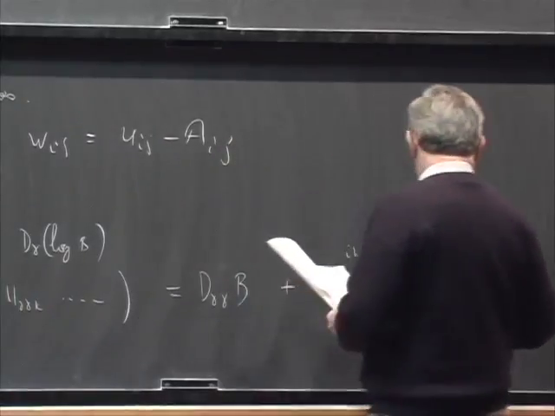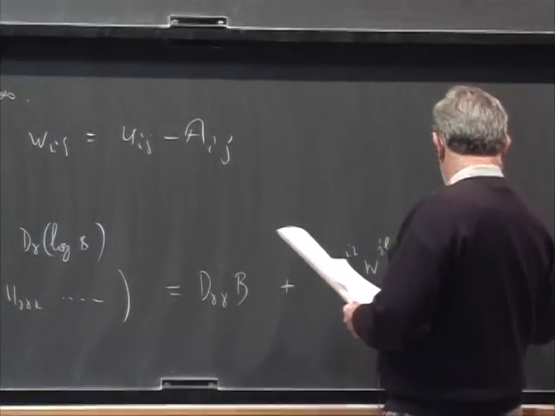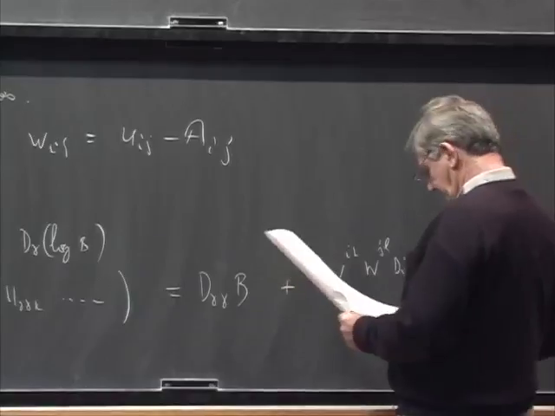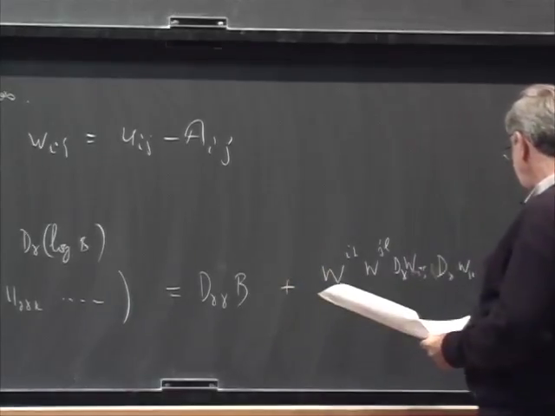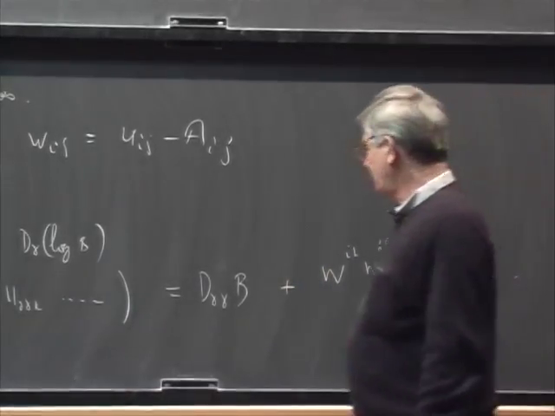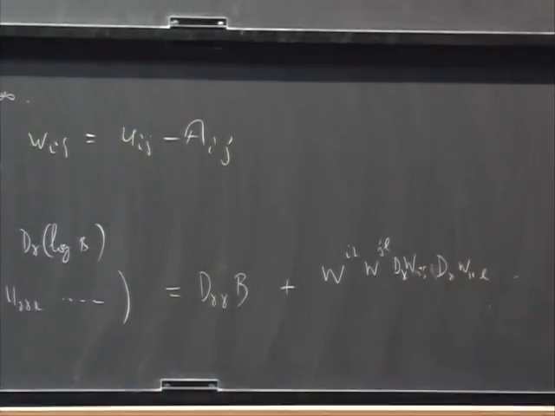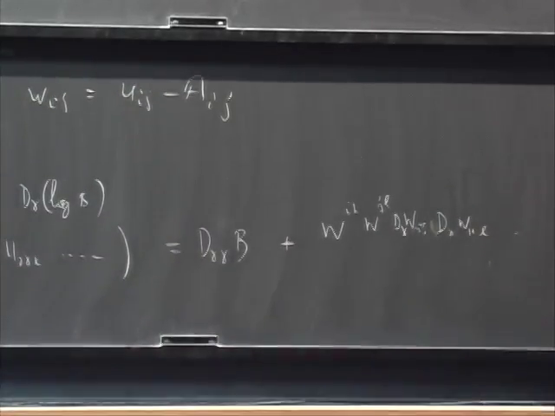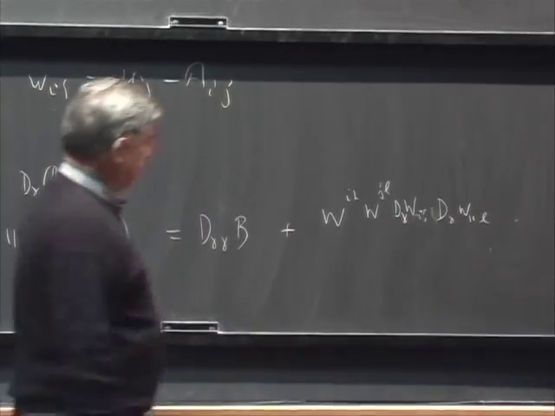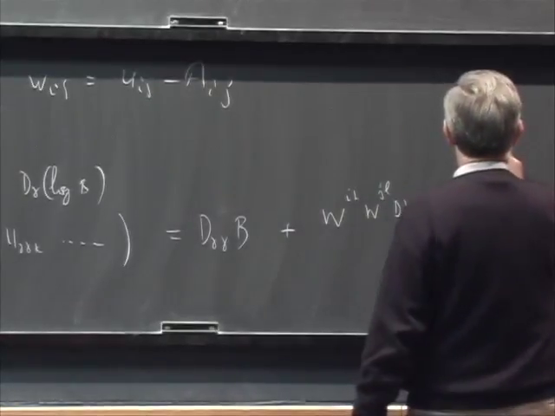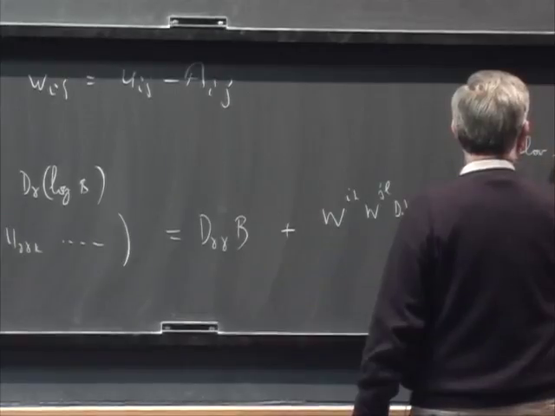So it's D gamma W_ij D gamma W_kl. Sometimes we call this third derivative the Pogorelov term.